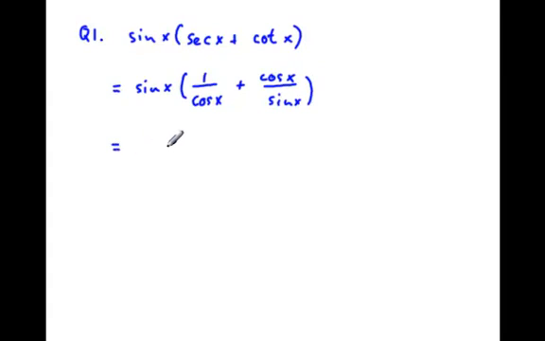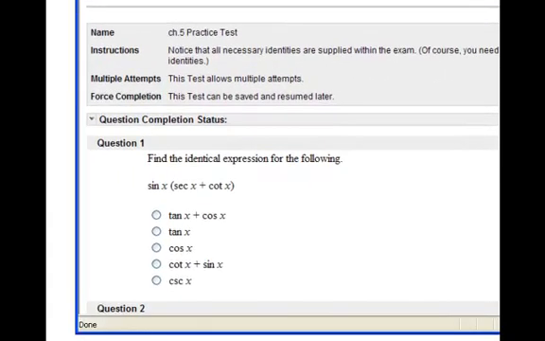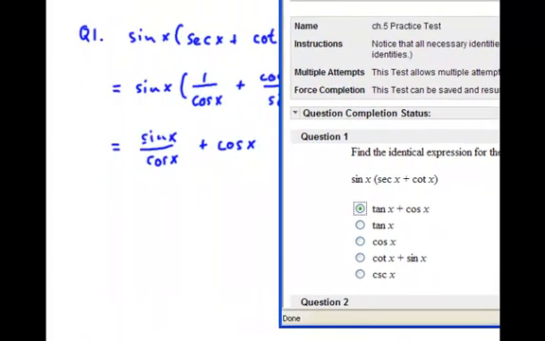And then I distribute the sine x, so I'm going to have sine x divided by cosine x plus, and then that one is cosine x because the sine x of course divides out. Then I check the possible solutions here, and it's going to be the first one because this one here of course is tangent.